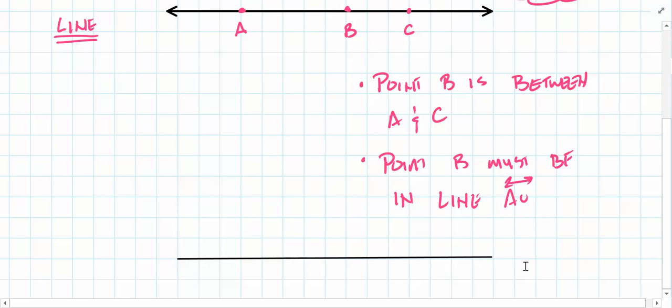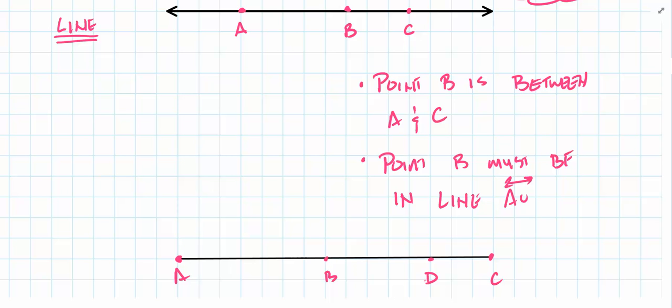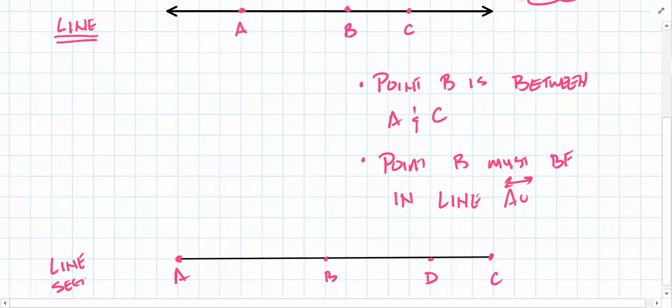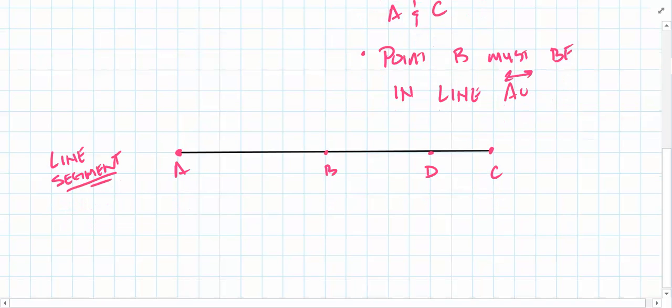All right, so what's the difference between what I have up here and what I have down below? If I call this A and I call that B, and actually I'll go over here and I'll call this C and I'll call that D, right? So this up top is a line, this is a line segment.